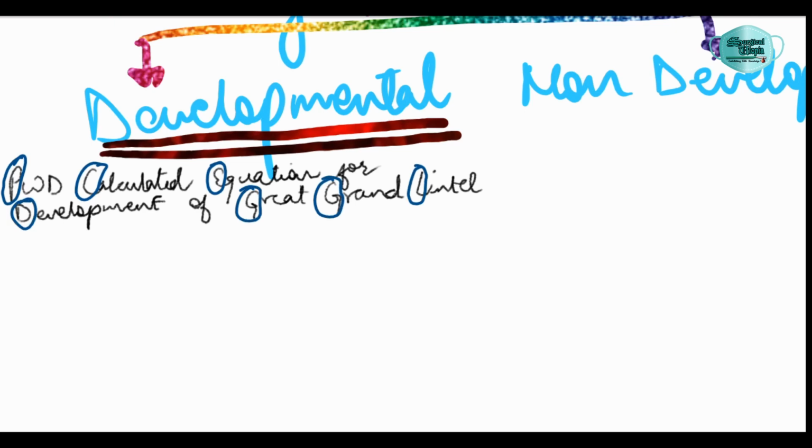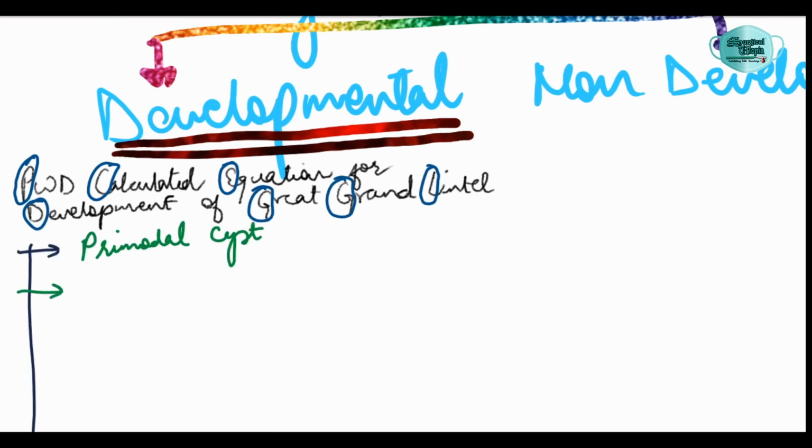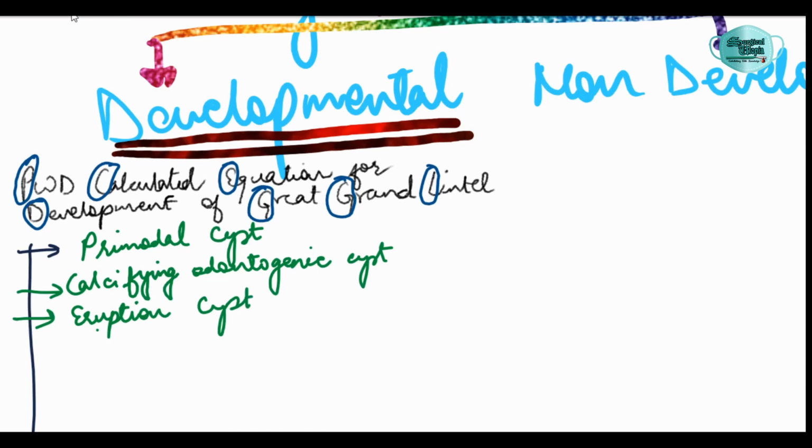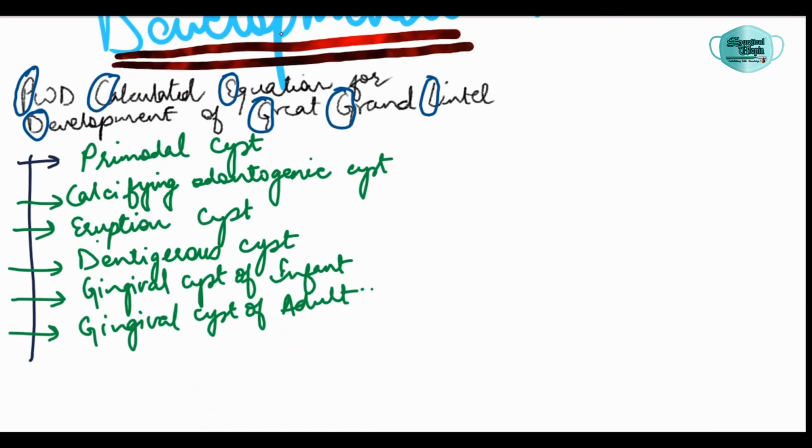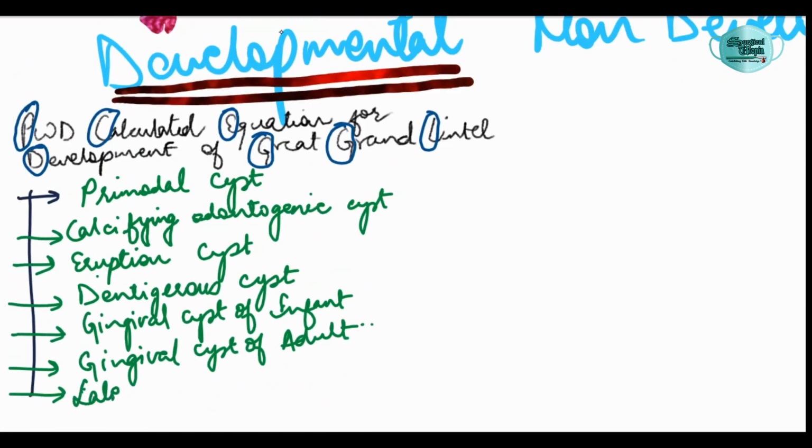With P we have primordial cyst, with C calcifying odontogenic cyst, with E eruption cyst, with D dentigerous cyst, with G gingival cyst of infants, and the second G represents the gingival cyst of adults.